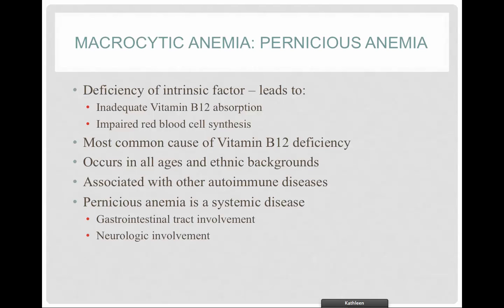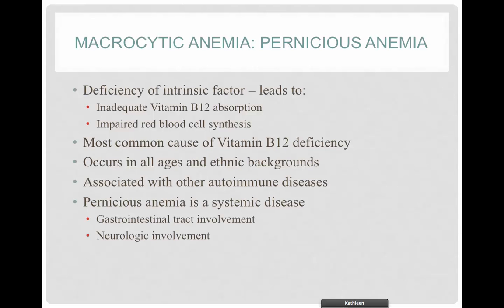Non-megaloblastic macrocytic anemia is due to liver disease, hypothyroidism, and alcohol. Pernicious anemia is a deficiency of intrinsic factor, and this causes inadequate B12 absorption and impaired red blood cell synthesis. It is the most common cause of vitamin B12 deficiency. It occurs in all ages and ethnic backgrounds and is associated with autoimmune diseases.